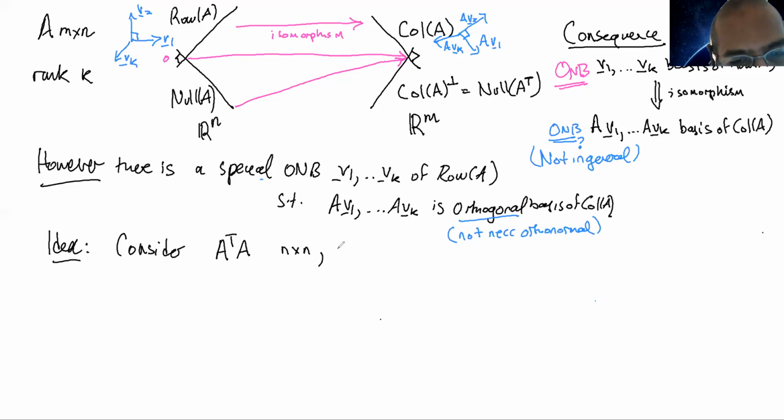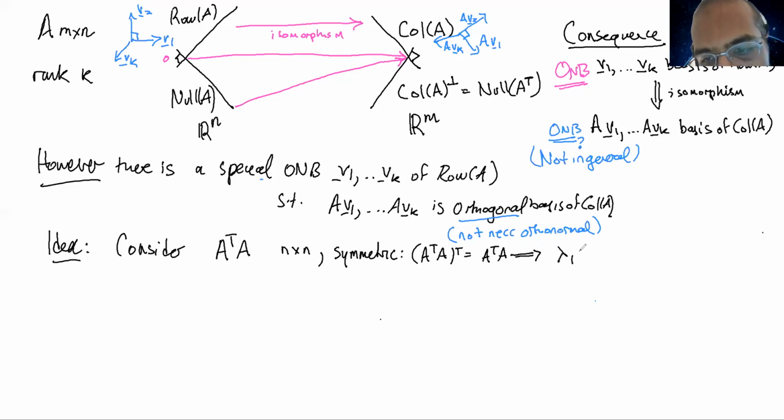It's also symmetric, because (A transpose A) transpose equals A transpose A. We just discussed symmetric matrices, so the spectral theorem applies. What does that mean? It means you have n real eigenvalues.